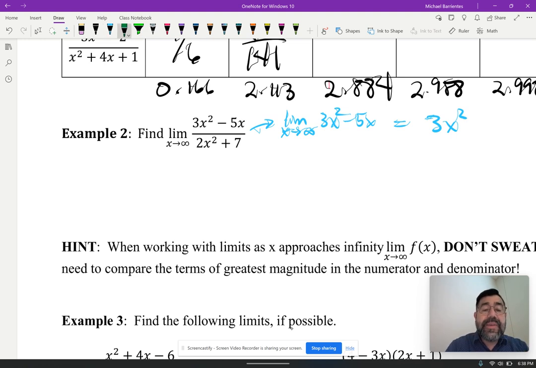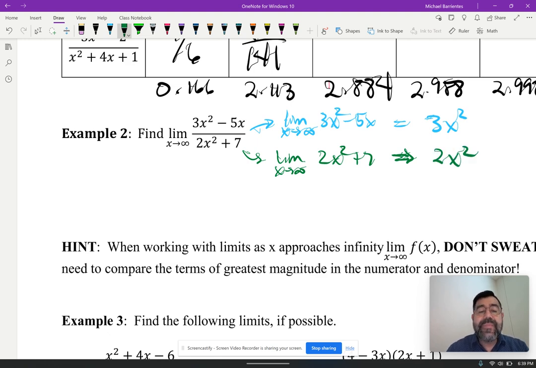And when I do the same thing with the denominator and I take the limit as x approaches infinity of this, I really just need to focus on, and I'm going to put an arrow, not equal, because they're not equal, only the biggest term in the denominator.